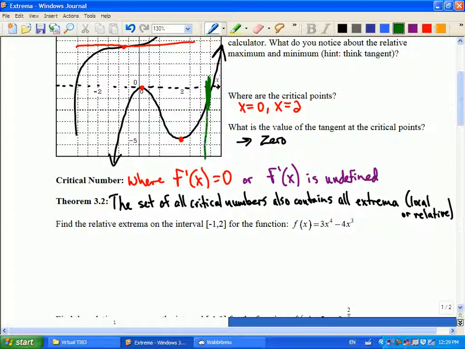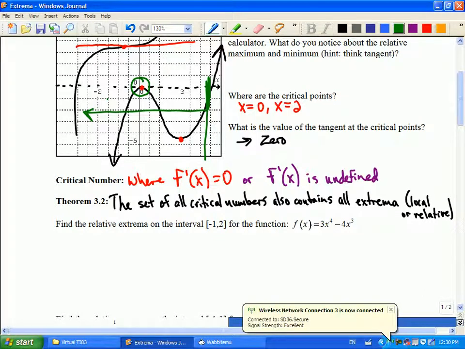So this point is the maximum as long as I'm somewhere to the left of that green line, right? It's not the maximum if I go, that point right there is larger than the one that I found. Okay? So this is a local maximum or a relative maximum, meaning it's only for a very small part of the graph. Same thing with this minimum. This minimum is for a piece of the graph. It may not be for the whole thing.